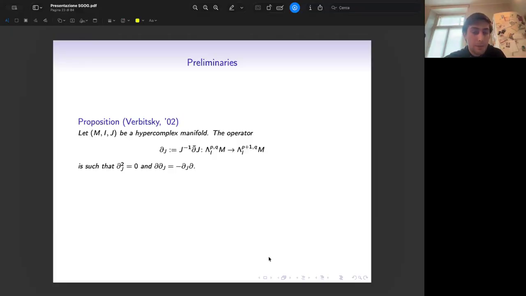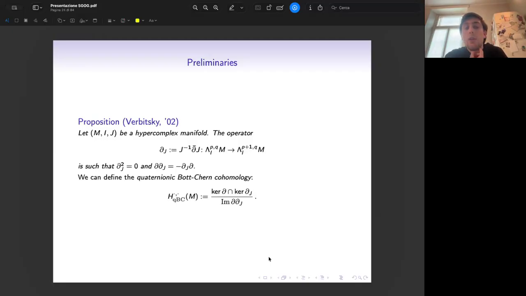And so whenever we have this type of differential operator, we can cook up a cohomology ring, which is known as the quaternionic Bott-Chern cohomology.